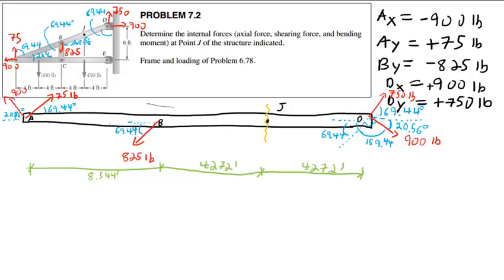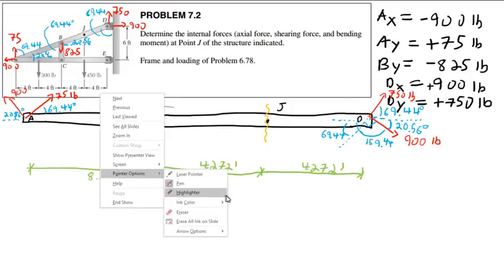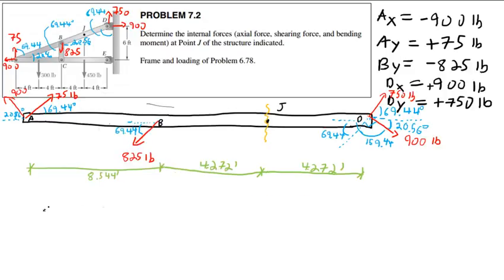Okay, now I'm going to draw this cut at J, and I'm going to show all the internal forces on that member that can be on that member at that point. Yes. This is specifically asking for a point.